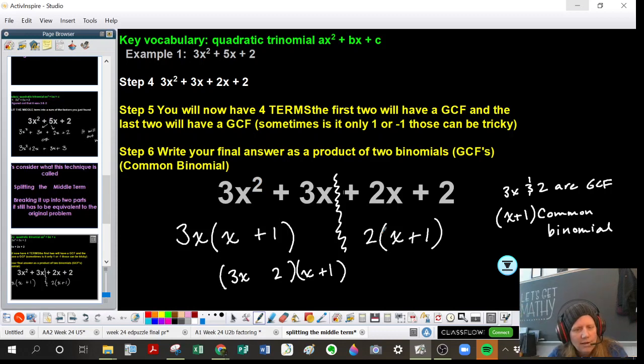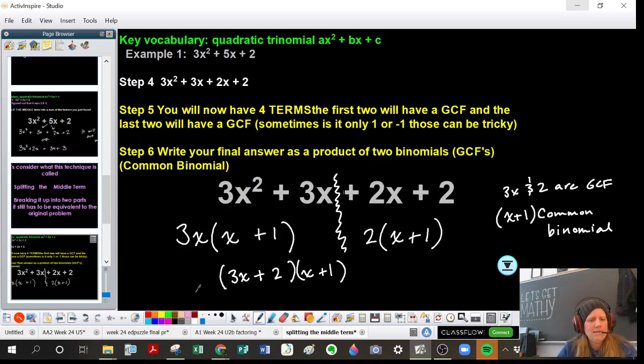Now you might be thinking, Mrs. Smiley, that looks a little bit off. There's no sign between the 3x and the 2. Is it positive or negative? Well, what's the 2? It's positive. We have just factored our original quadratic into a product of 2 binomials.